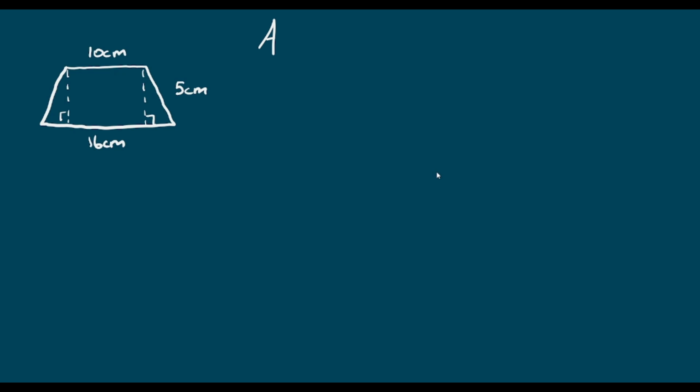So the area of a trapezoid is equal to b1 plus b2 divided by 2, multiplied by h. Now, unfortunately, we were not provided with h, so we would have to find h. And to find h, we would use Pythagoras' theorem.